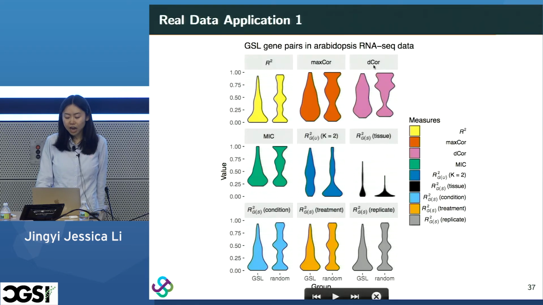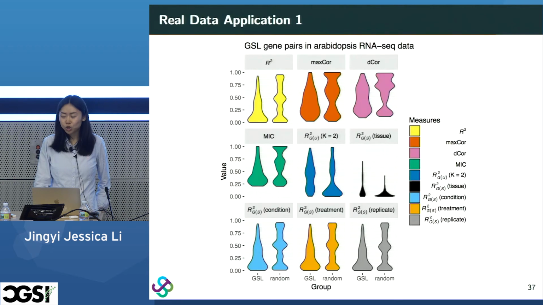However, if we use our specified GR2 using tissue as the indicator, because based on our previous observation, tissue is supposed to be a good indicator, then we see, yes, GSL genes have higher measures than random genes. But if we use other indicators which we know wouldn't work, like condition, treatment, replicate, which are also variables in the data set but not meaningful, then using our generalized R-square measure, we have patterns similar to just Pearson R-square, which is expected.